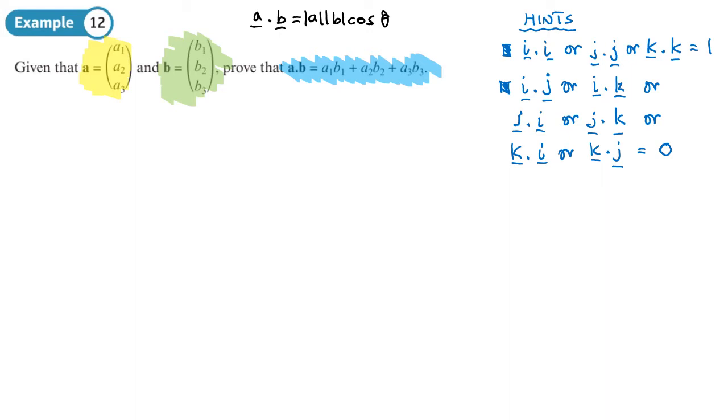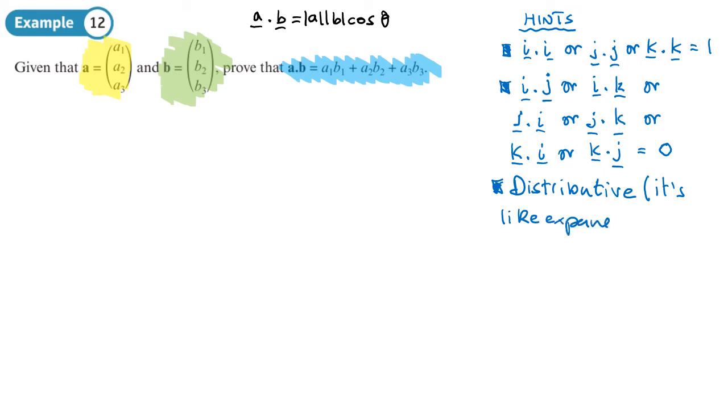And another result is that when we do the dot product, it's something that's called distributive. Now something that's distributive is a bit like expanding brackets.